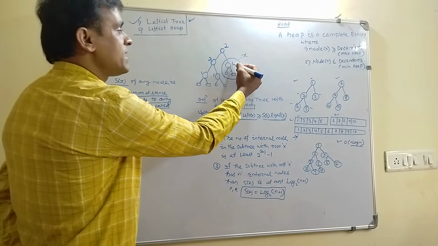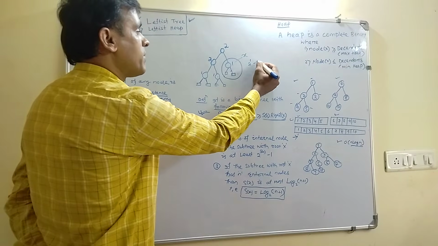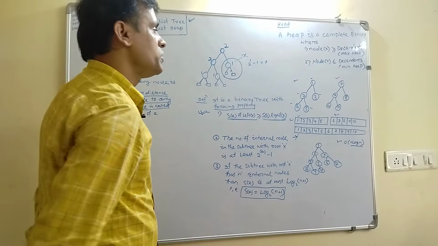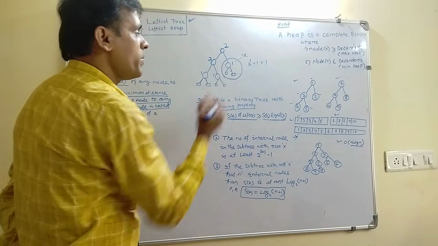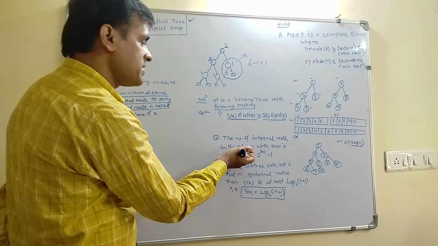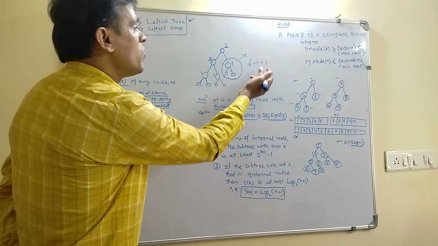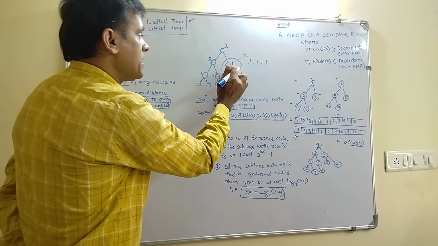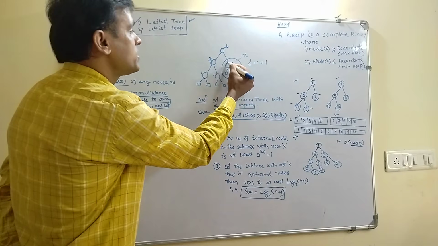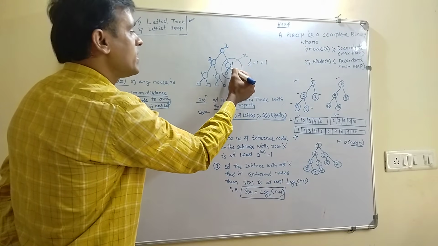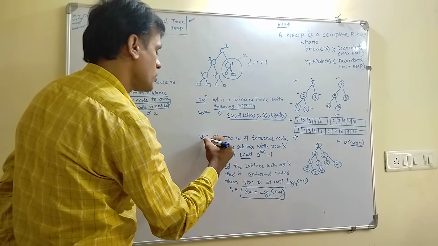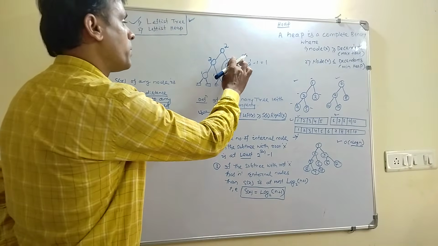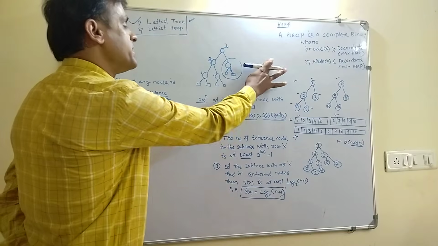Here the Sx value is 1, so 2 to the power 1 minus 1 is 1. So at least one child should be there. For this node there is one child here and one child here, so the second property is also satisfied. This is one of the properties of your leftist tree.